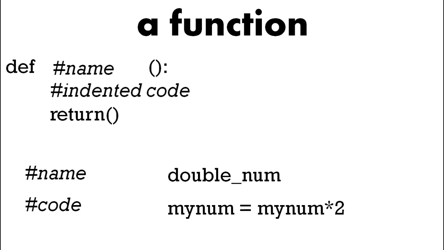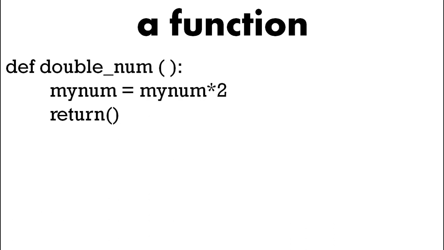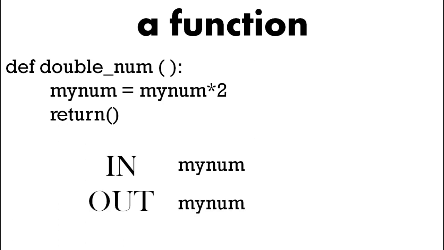So we put them in. So now we've got define def double number, and we've got the code. So is there anything that we've forgotten? Yeah, we've got to send it something. So in this case, we send it mynum, and the out, what's going to be returned, is also mynum. So we can put them in there.